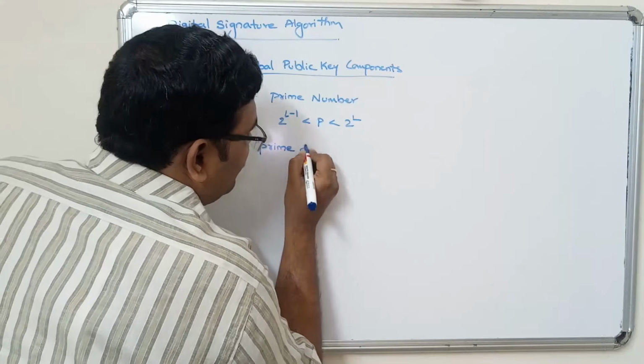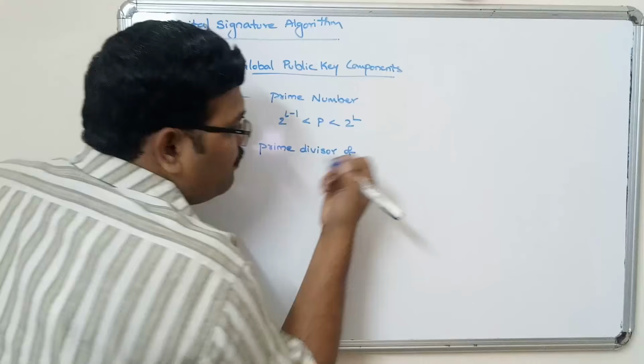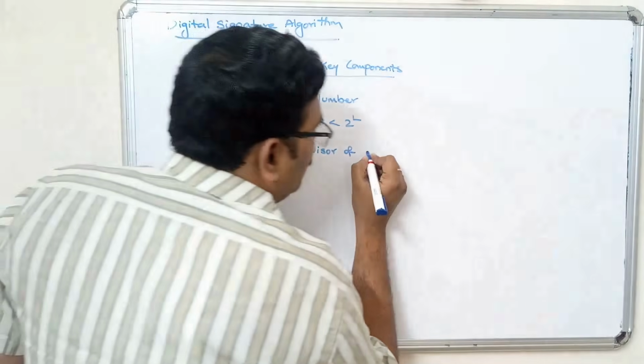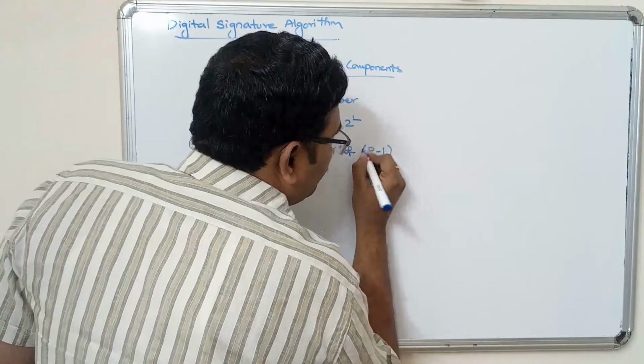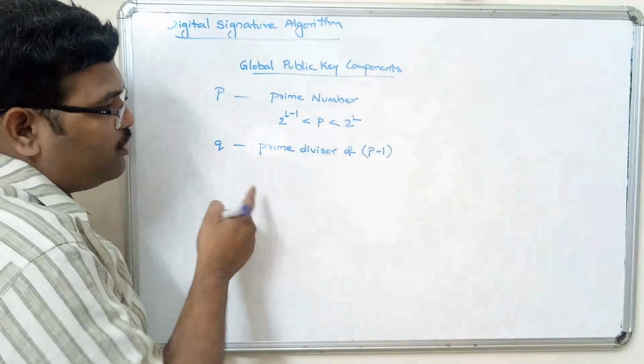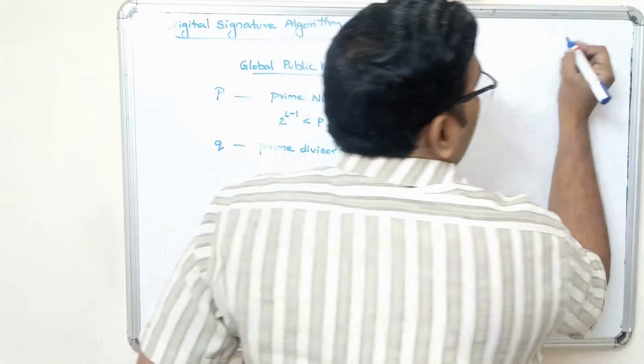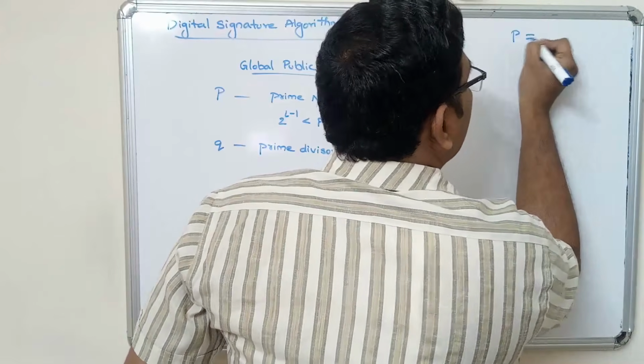Next, Q. Here Q is a prime divisor of P minus 1. I will give an example. Let us consider P as 11.